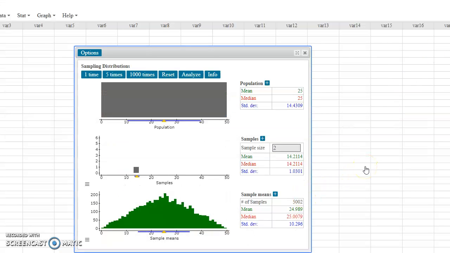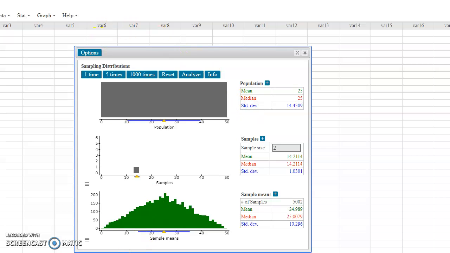Another important thing is that we have 5,000 sample means. What's the mean of the 5,000 sample means? It shows right here, 24.989. That's very close to the population mean, which is 25. And the standard deviation of our 5,000 sample means is 10.296.